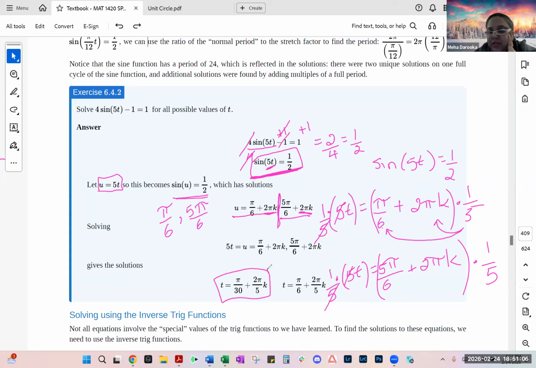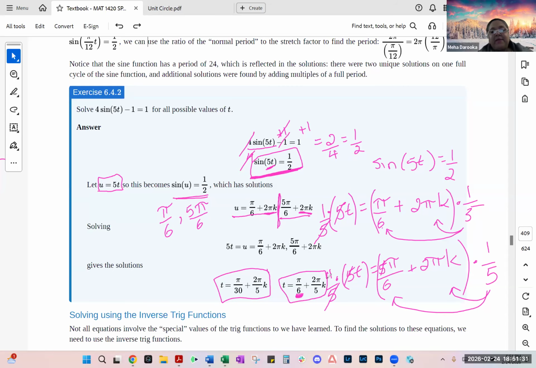So that's where this first term is coming from. When you distribute this 1/5 in the second equation, since you had a 5 on the top, it will cancel out. So that's why you are only left with pi over 6 here. And then same thing, 2 pi k multiplied with 1/5 will give you 2 pi k over 5.